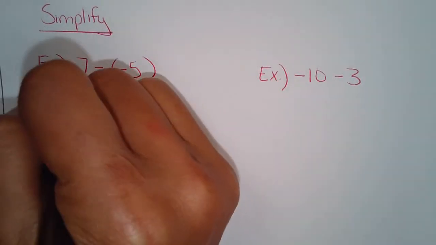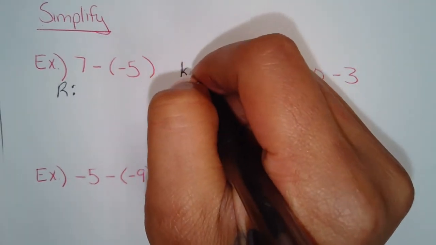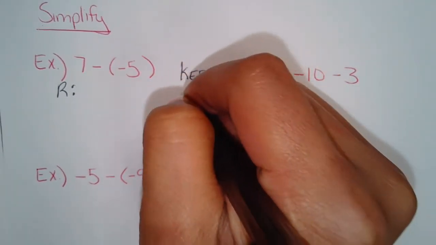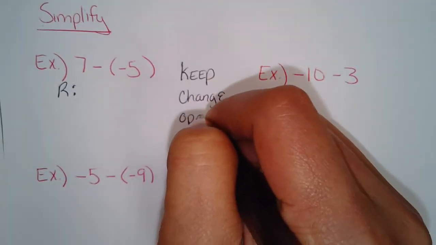So the first thing we're going to do is rewrite this. I'm going to use the letter R to indicate that I'm rewriting my problem. Remember, the phrase says to keep, change, opposite. I'll write it off to the side here. Keep, change, opposite.